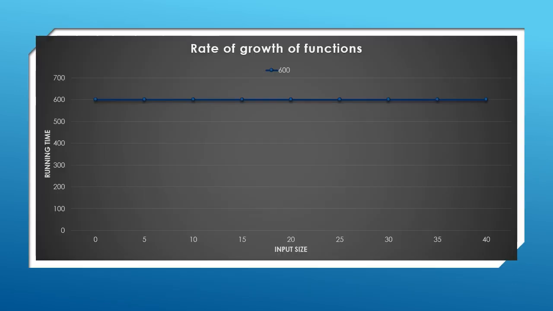Here you see a blue line that is flat. This is a constant. No matter how much you change the input size, the graph of the constant function, which in our case is 600, is never affected. We say that the constant function does not grow at all. After the constant function, the least growth is exhibited by the logarithmic function 40 log n.